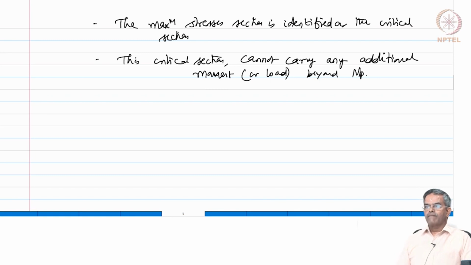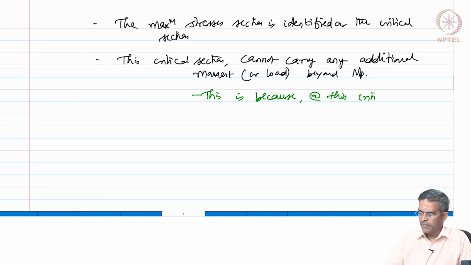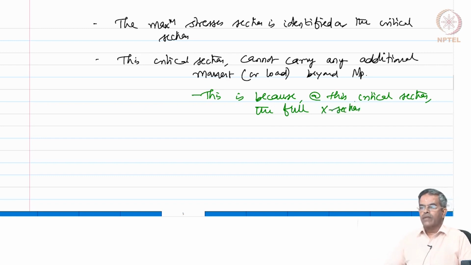Okay. This is because at this critical section the full cross section has already yielded.